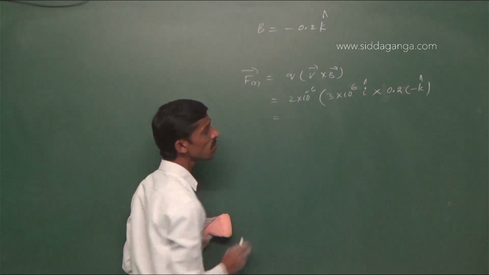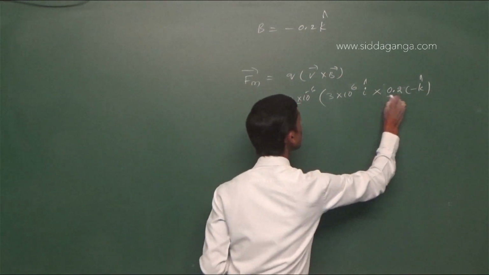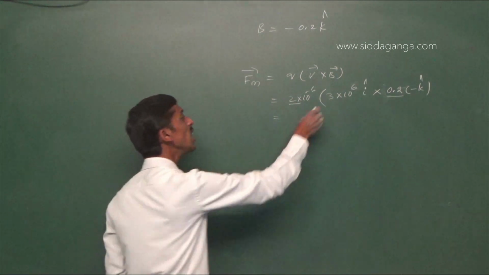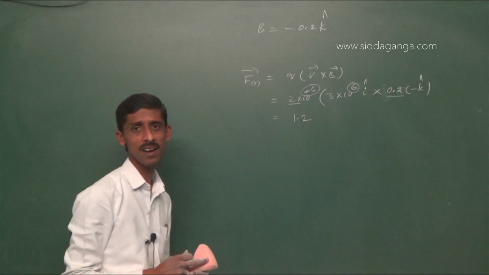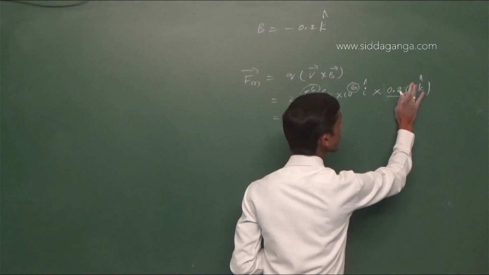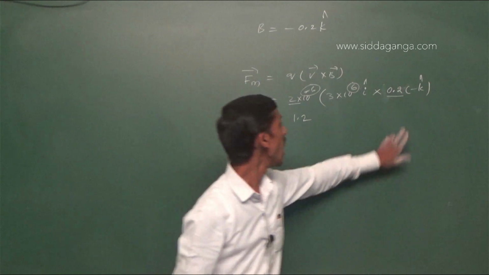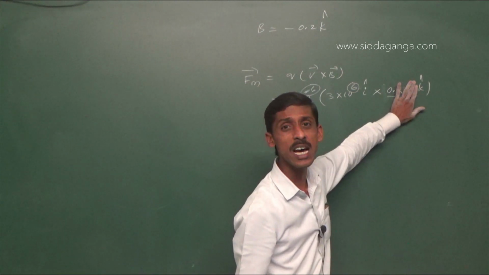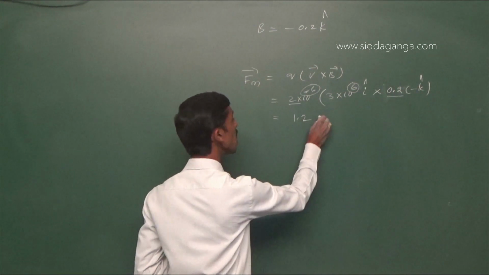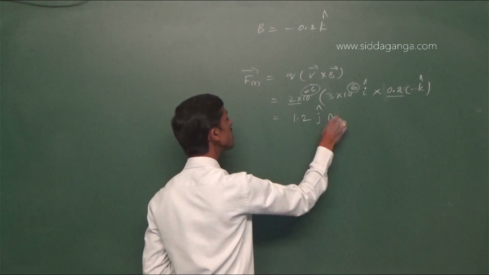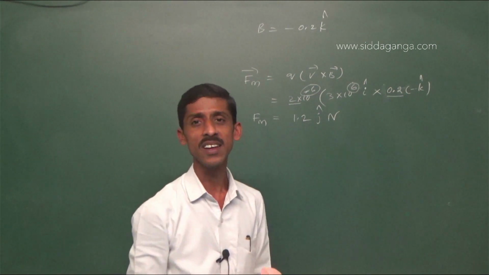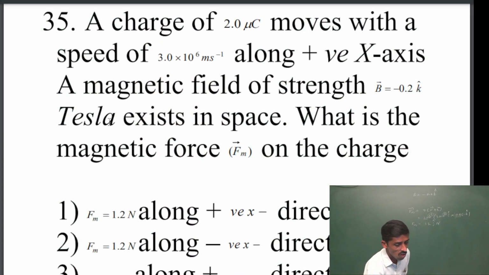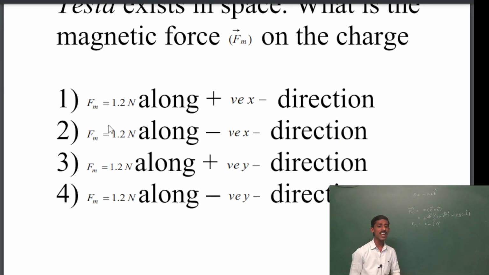Just multiply this: 2 into 0.2 is 0.4, 0.4 into 3 is 1.2, 10 to the power of minus 6 into 10 to the power of 6. i cap cross k cap is minus j cap. Here minus is already there, so plus j cap. So what is the force experienced by the charged particle? 1.2 Newton, and the direction is j cap. That is, the magnetic force is 1.2 Newton along the positive y direction.